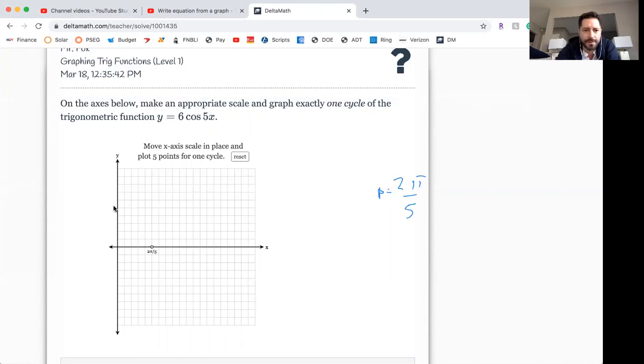So what I mean by this is tricky. It's not hard to graph, it's just sometimes the delta math doesn't work as well as I would like it.